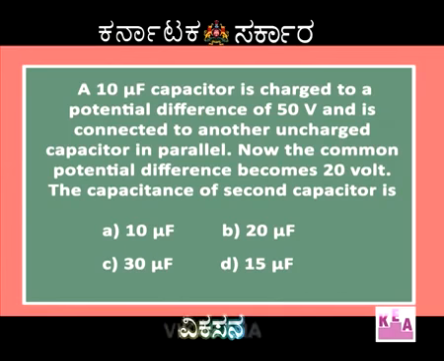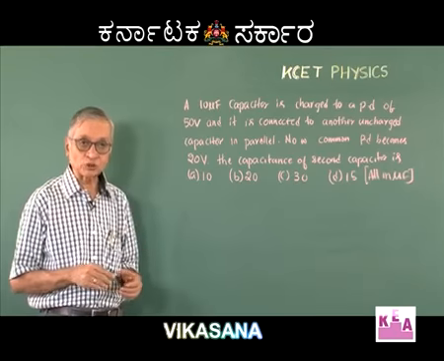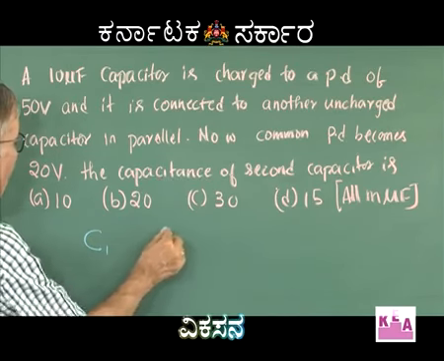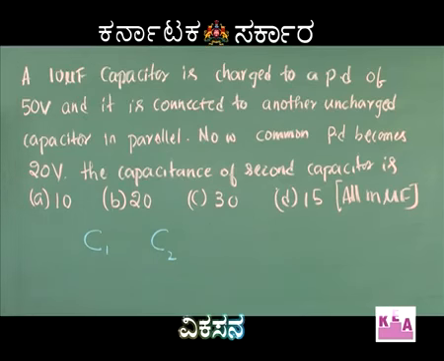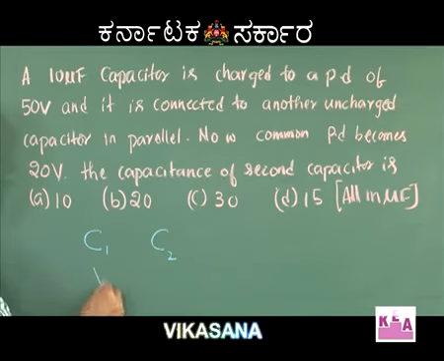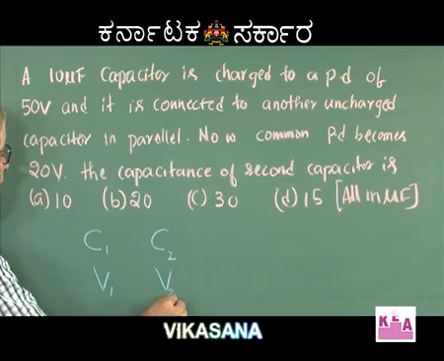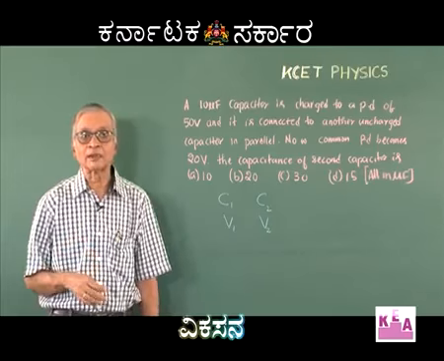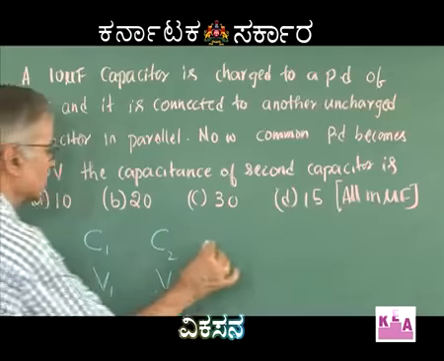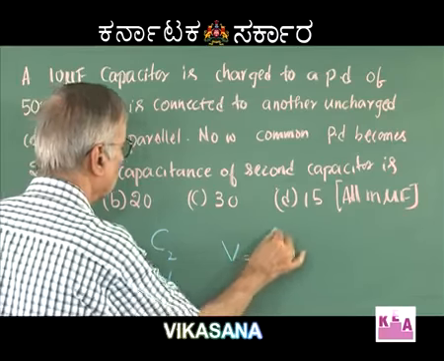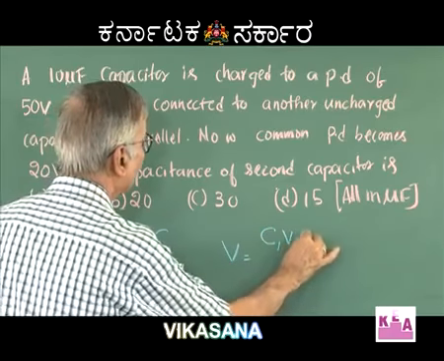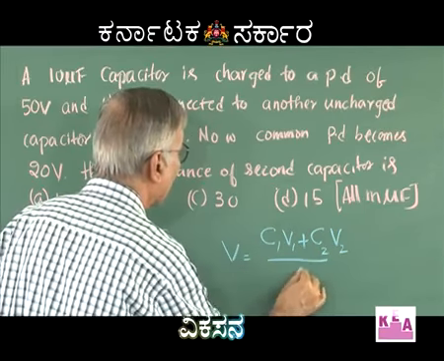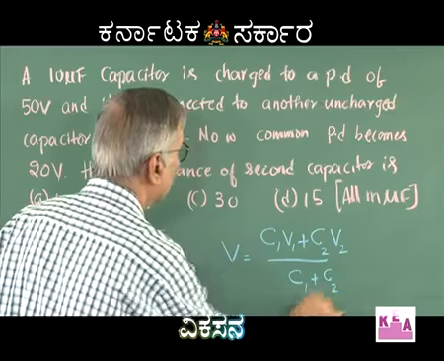Just now, before reading the question, I told you that if there are two capacitors C1 and C2, respectively charged to the potentials V1 and V2, and if they are connected in parallel, then the common potential difference is given by V is equal to C1 V1 plus C2 V2 whole divided by C1 plus C2.